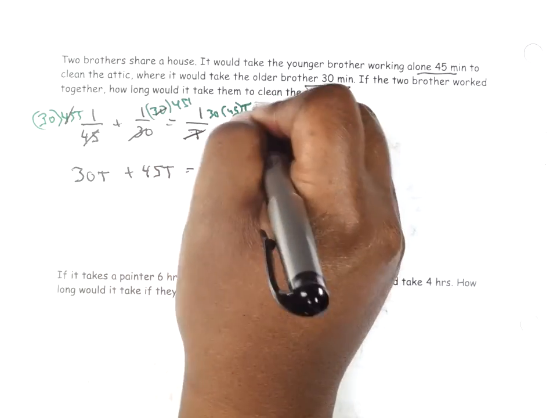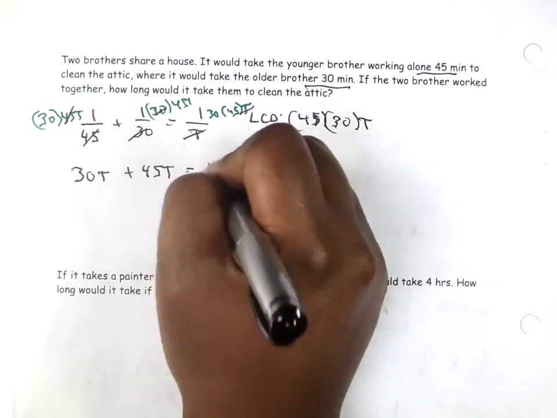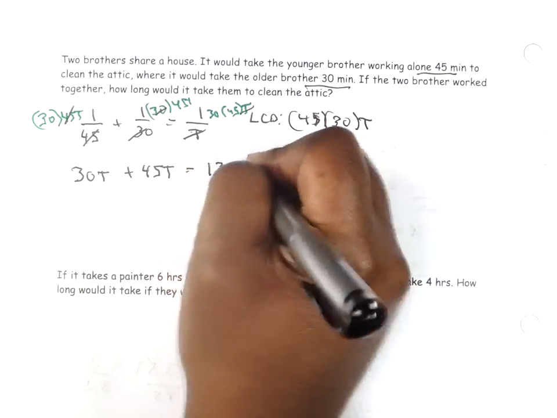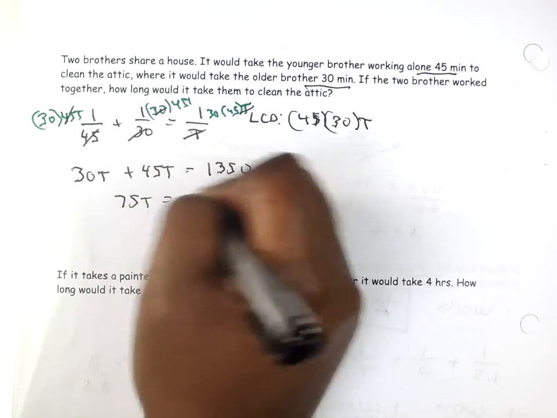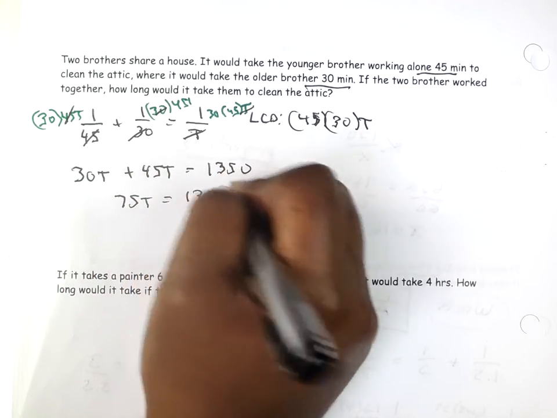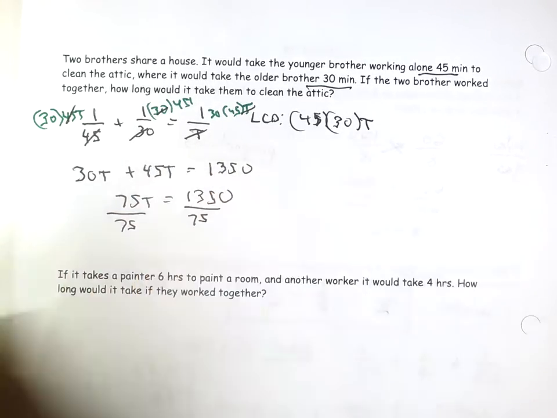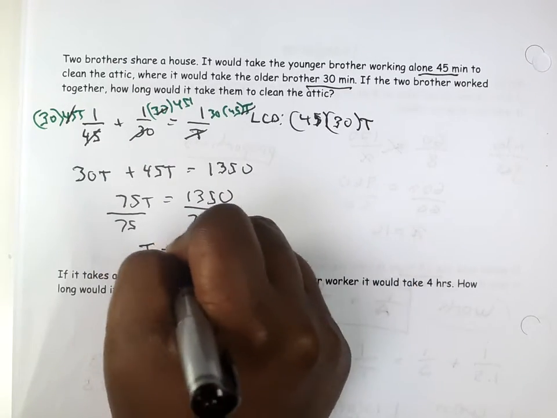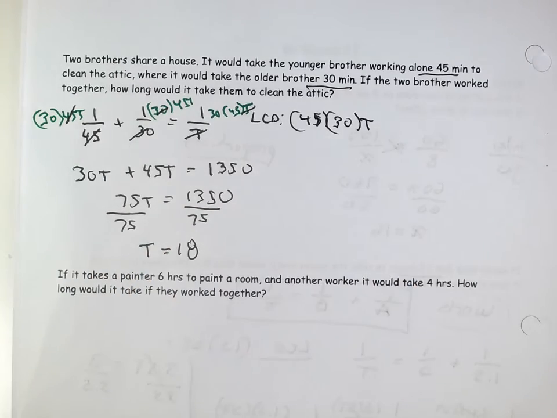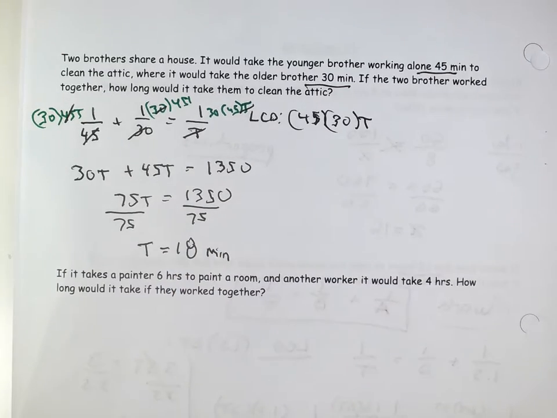And on the other side, the t's cancel, and I have 30 times 45. I'm going to multiply those together, and I get 1350. Add like terms, we get 75t equals 1350. And then lastly, I need to divide by 75. So if the 2 brothers are working together, it's only going to take them 18 minutes to clean the attic.